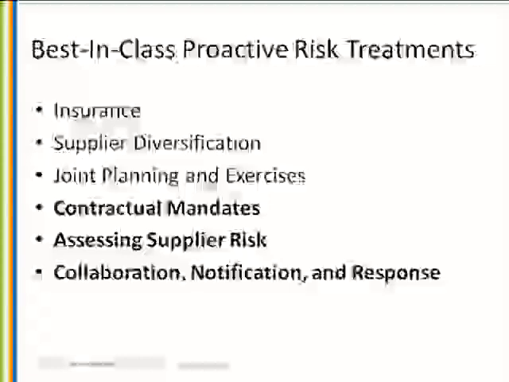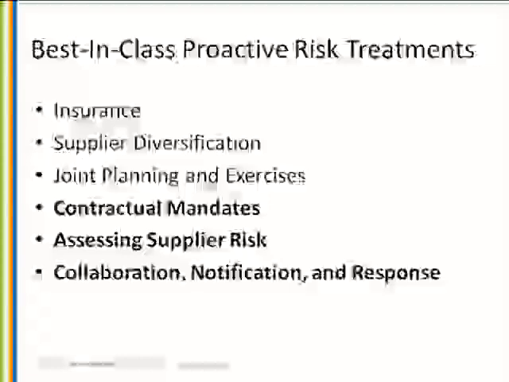When we take a look at these proactive risk treatments, you see a total of 6 on the slide, and the first 3 are relatively straightforward. Organizations have employed insurance to address business interruption for many years.